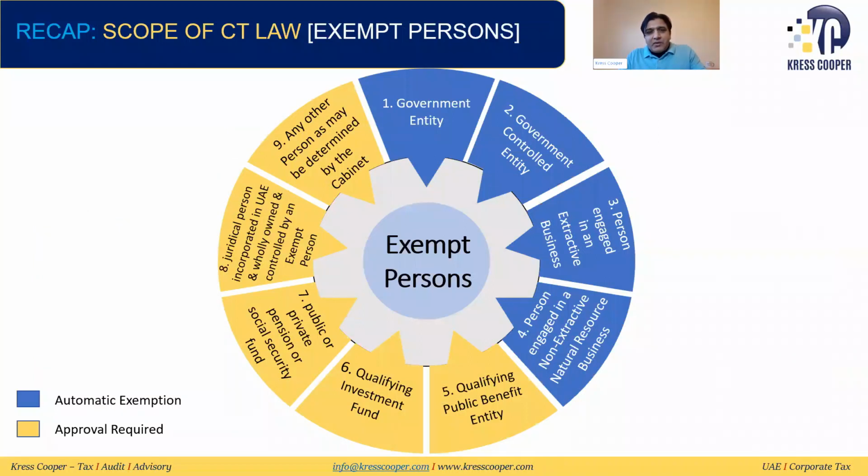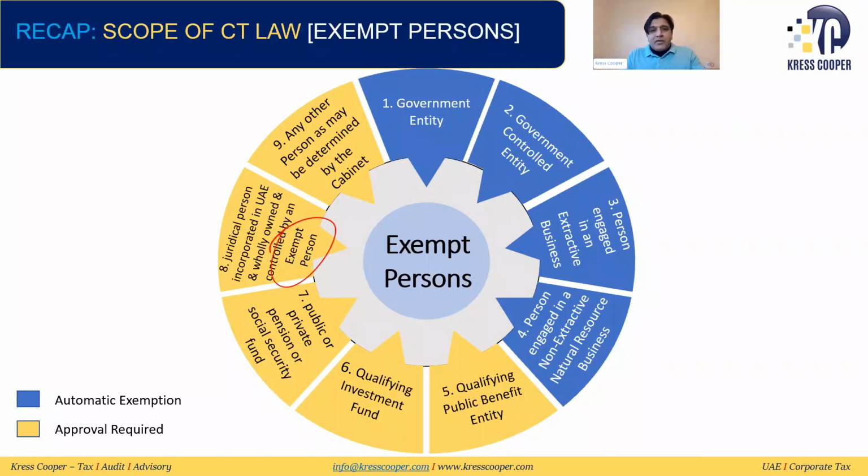In the second lecture, we discussed the exempt persons, the persons on which corporate tax will not be applicable. These were government entities, government controlled entities, persons engaged in the extractive business, persons engaged in the non-extractive natural resource business, qualifying public benefit funds, qualifying investment funds, public or private pension or social security funds, and a juridical person incorporated in the UAE, wholly owned and controlled by the exempt person.